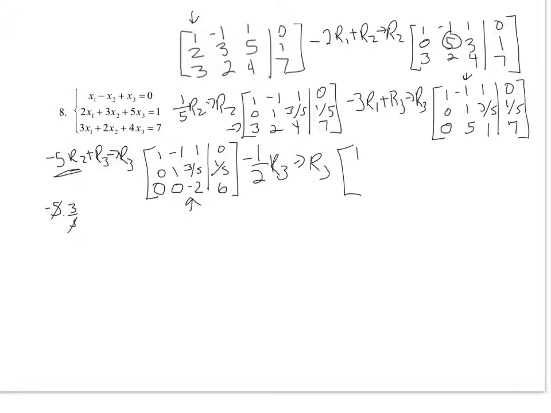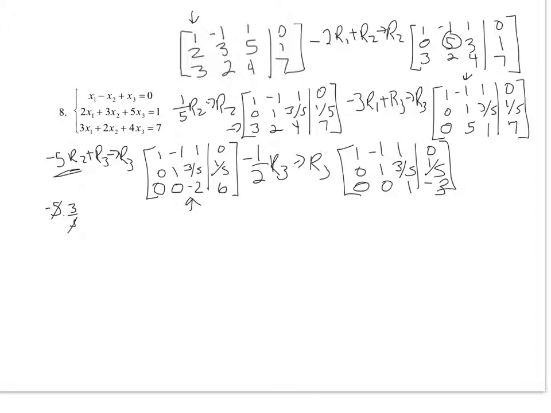All right, top row. Second row is still the same. But our bottom row, when we multiply through by a negative 1/2, we get 0, 0, positive 1, and then 6 times negative 1/2 is a negative 3. And the bottom row is completely finished.